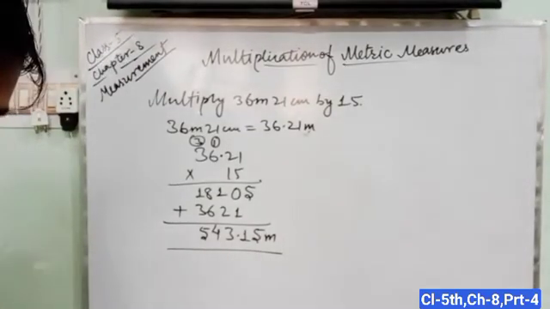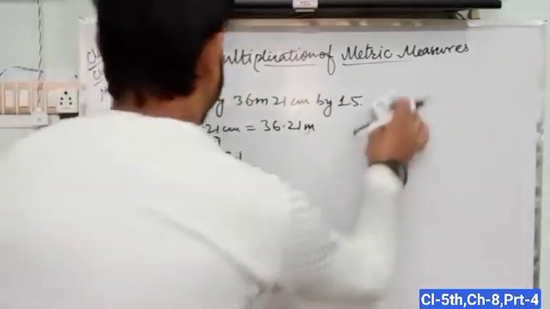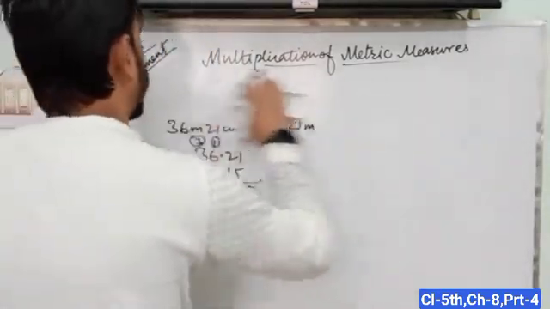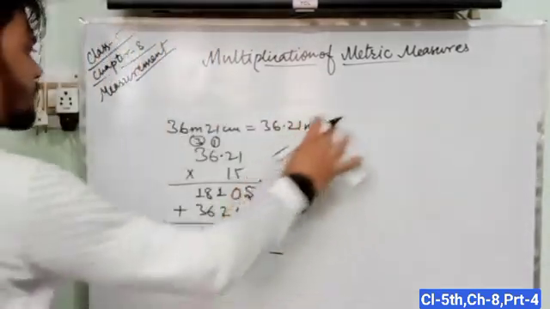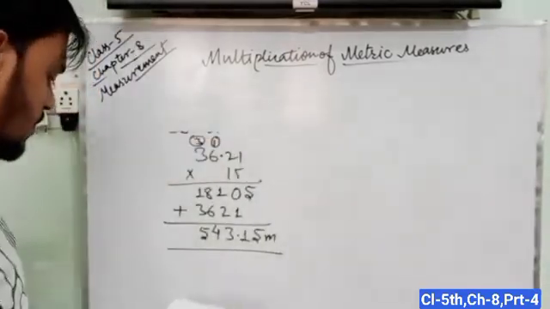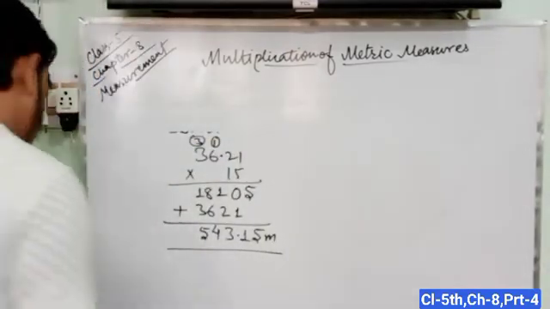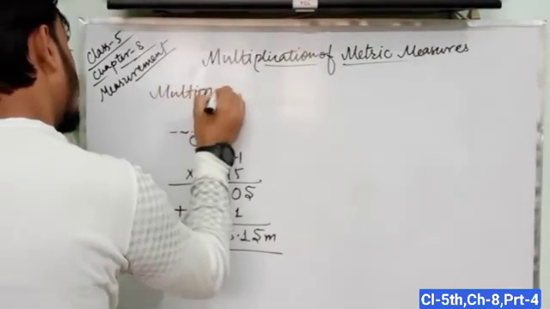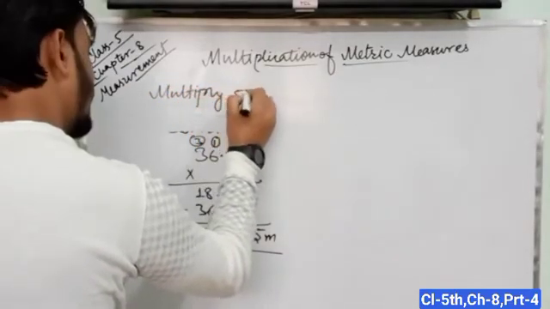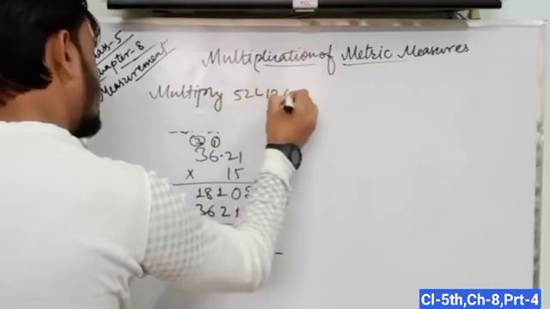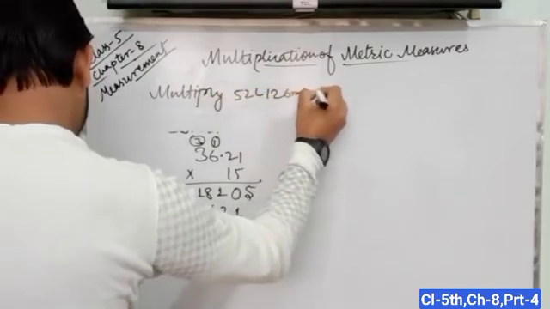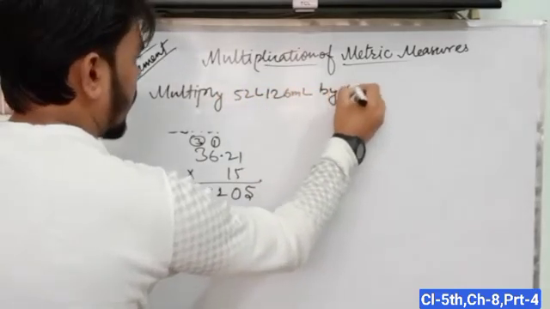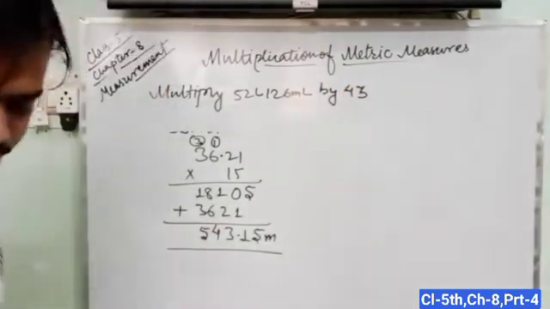Let's check another example here. Multiply 52 liter 126 milliliter by 43.